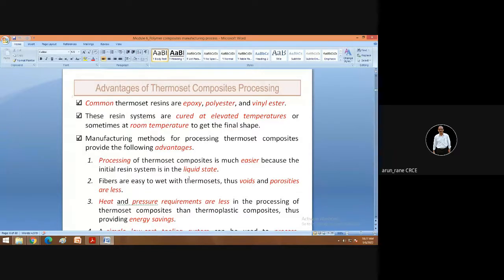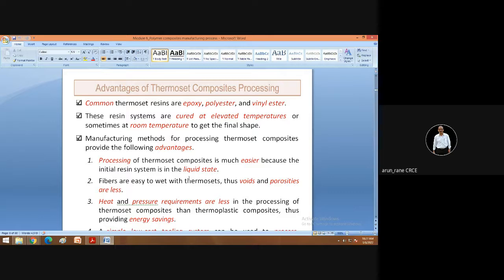Thermosets are your switchgears, bakelite; those are all thermosets. Thermoplastic has to be cooled in order to solidify, whereas thermosets are solidified in the heated condition only. So you don't have to cool for thermoset.